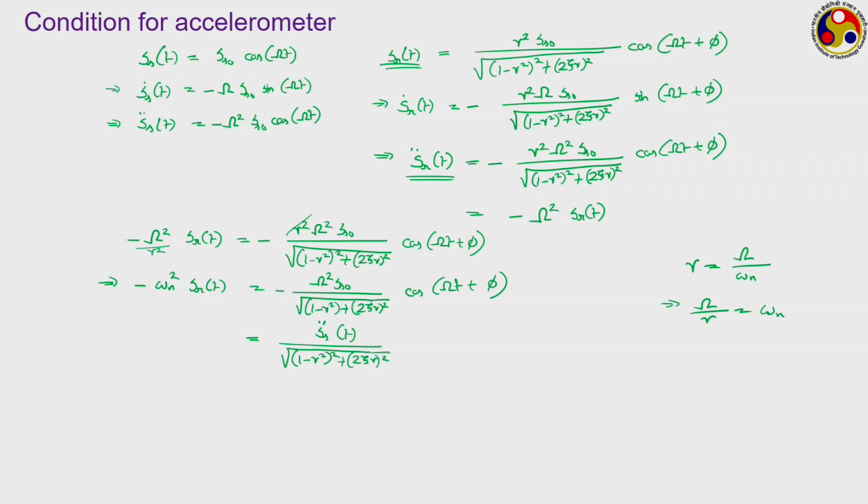Here this omega square S_S0 we are replacing using this equation, or minus omega square S_S0, into cos(omega t plus phi) by cos(omega t).